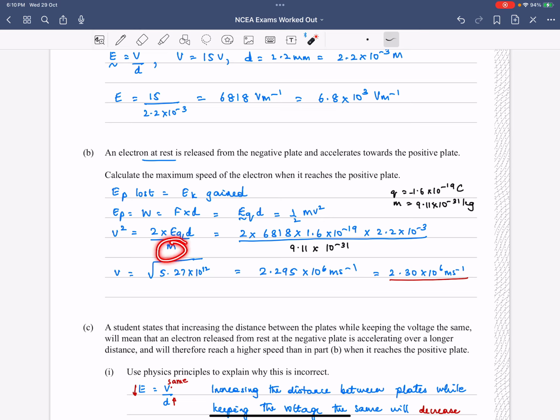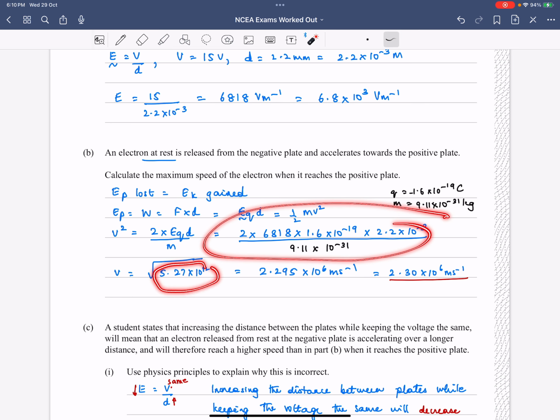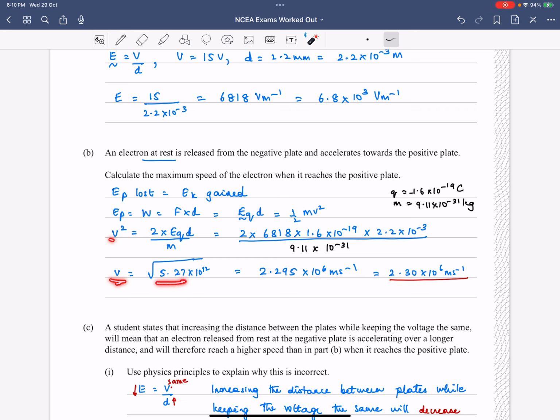It's divided by m, the mass of the electron. Why? Because the whole question is about an electron, and that also is given on your resource sheet. When you do that, you get this number, and that was for v squared. For v, you need to square root, and here's your answer. That's the unrounded answer, and then I just rounded it to 3 significant figures.